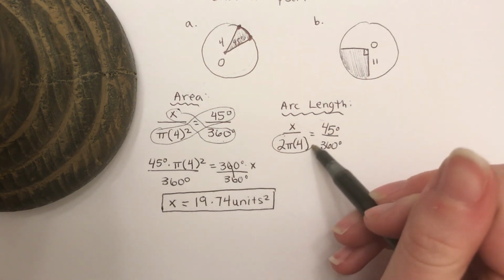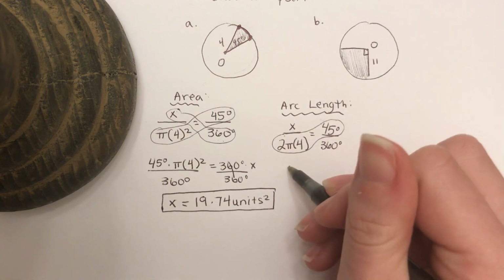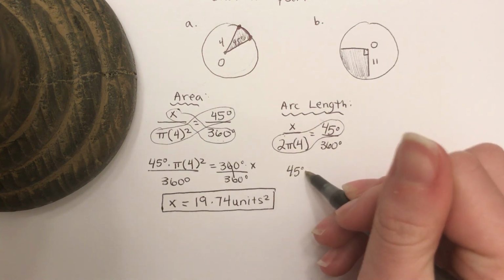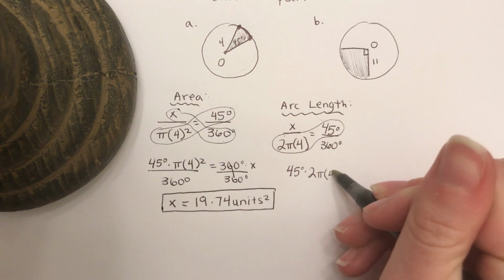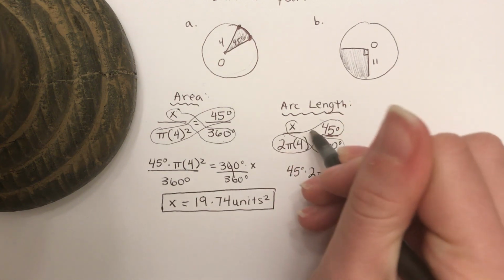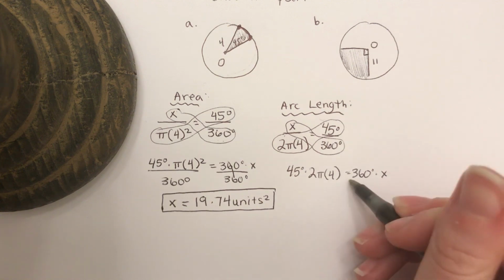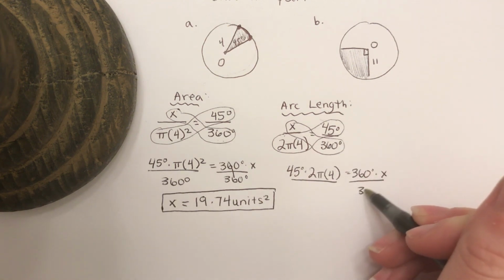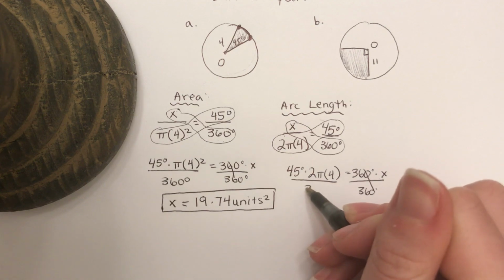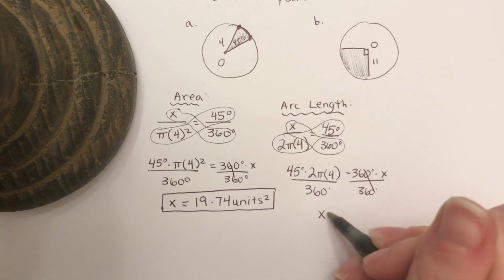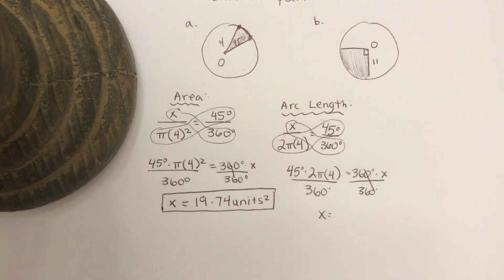Again, same thing. Anytime you solve a proportion, you need to cross multiply first. 360 times x. The reason why I'm dividing by 360 is I need to get x all by itself. 360 is attached by multiplication, so dividing by 360 will get rid of that and bring x by itself.